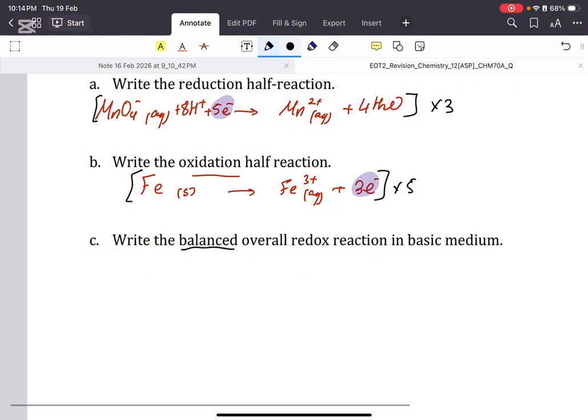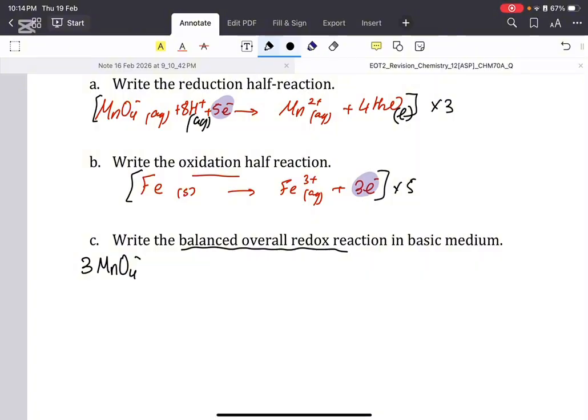And I'm going to write both of them, the overall, over here. So 3MnO4 minus. I should not forget the liquid here. And the aq here. Plus 3 times 8, that is 24. 3 times 5, that is 15 electrons. I'm done with this side.